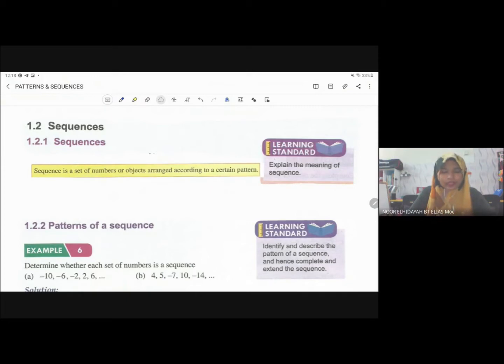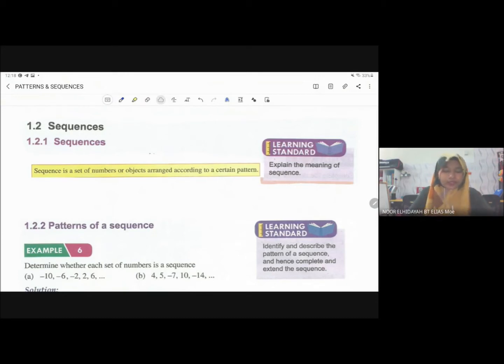Sequence, apa dia, is a set of number yang dia arrange according to certain pattern. For example, adding 2 to the previous number, multiply 2 by the previous number and so on.